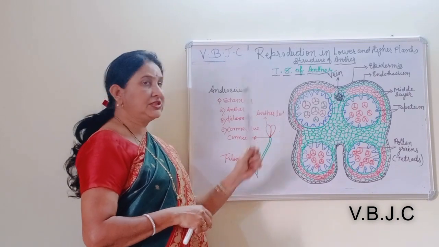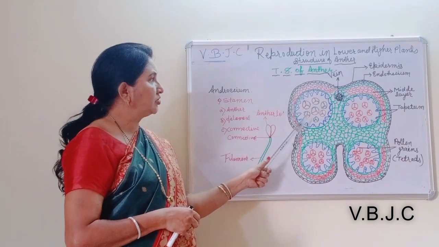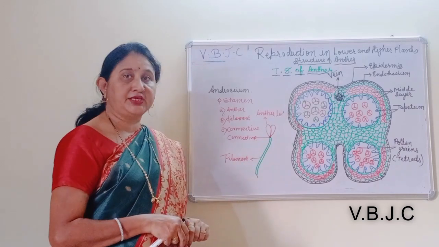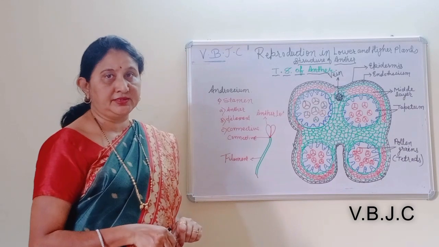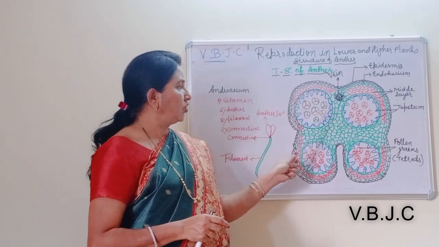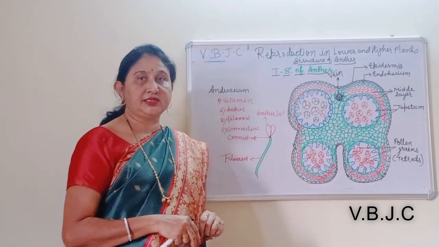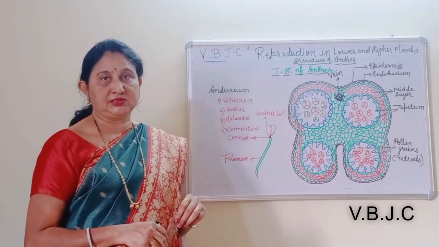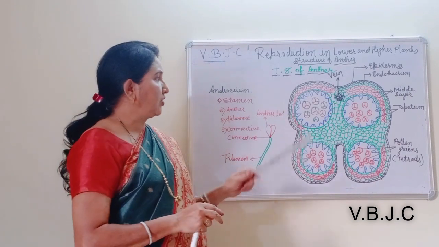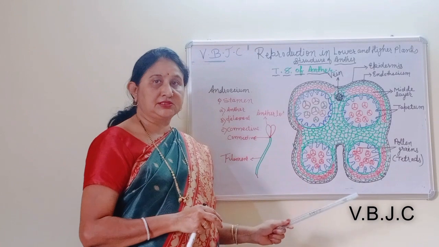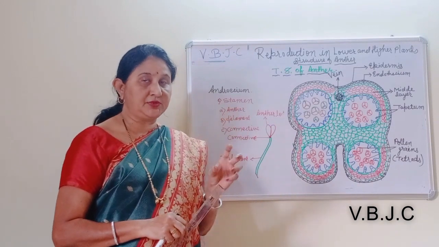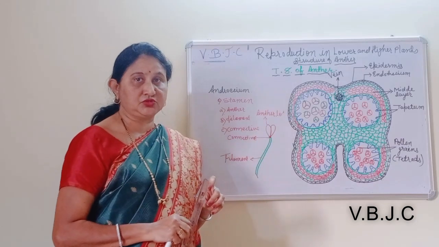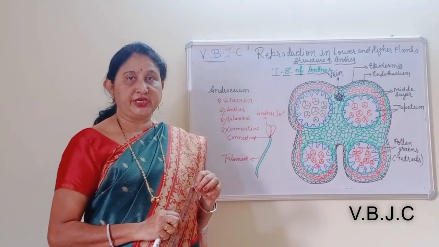This is the structure of the transverse section of a mature anther. But in the immature stage of the anther, before the formation of the pollen sacs, there are parenchymatous tissues surrounded by the epidermis. Some hypodermal cells of this parenchymatous tissue differentiate into sporangial cells.